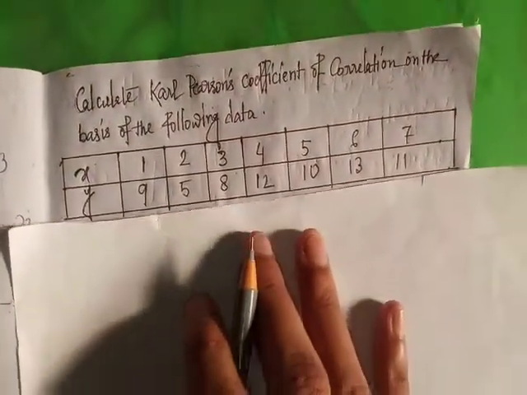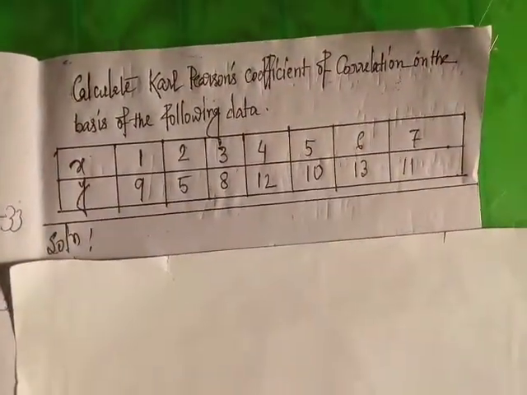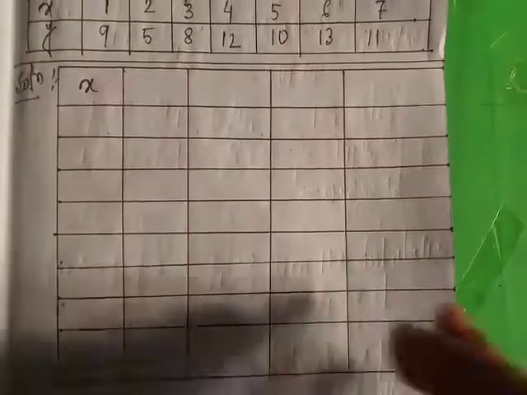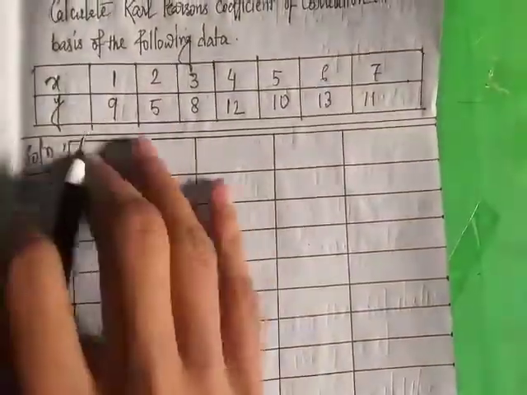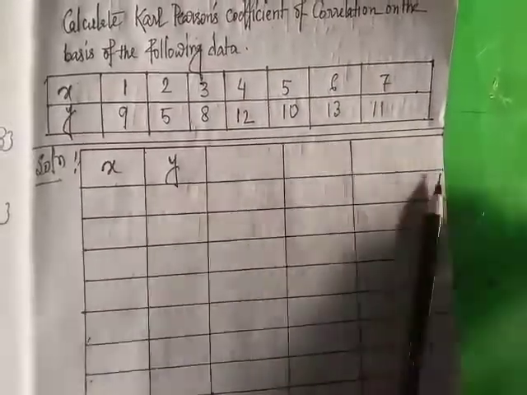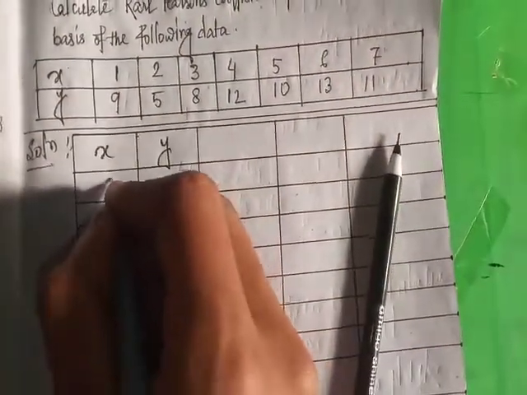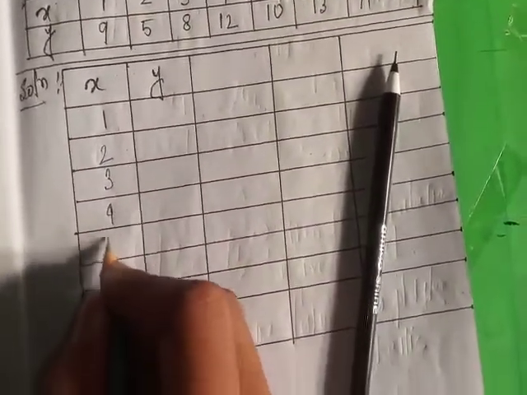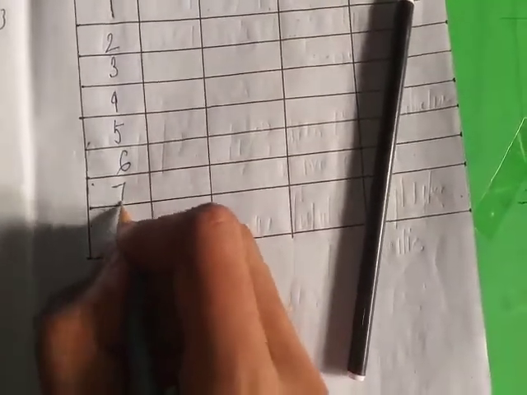Solution. Let us draw a table. This is x, this is y. So x is 1, 2, 3, 4, 5, 6, 7.